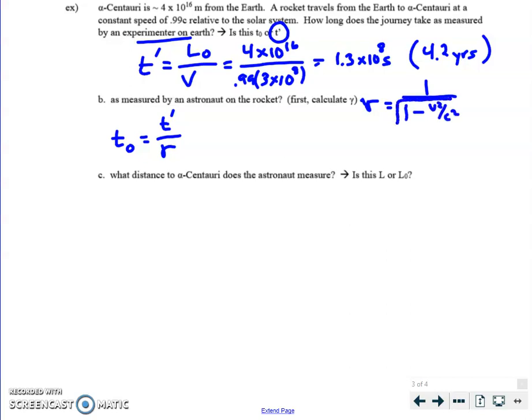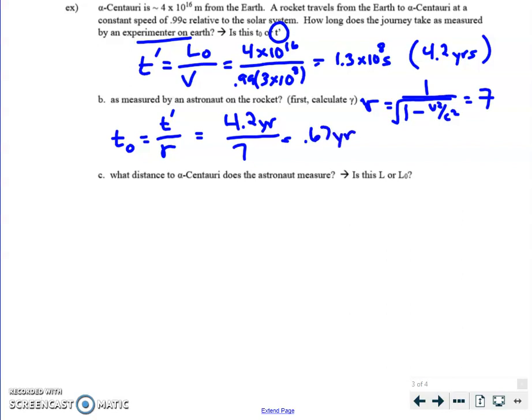So when I plug in the numbers, and I suggest you do that, because we're going 99% the speed of light, gamma is going to be relatively high, but it's surprisingly not as high as you might think. It's essentially 7. So my t naught is going to be, I'm going to do this in years now, but you could do it in seconds, 4.2 years divided by 7, which is 0.67 years.